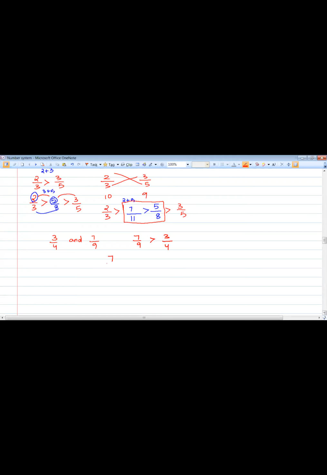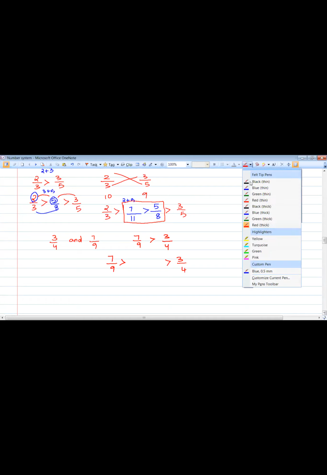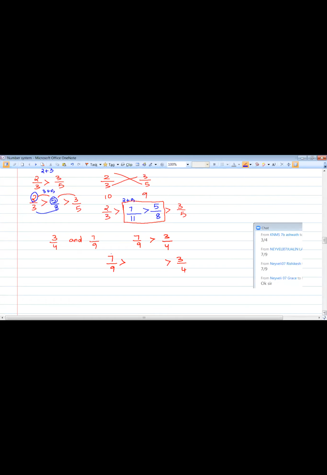Then leave some space. 7 by 9, 3 by 4. Put greater symbol. Okay. Then very simple. Add 7 plus 3. What is 7 plus 3? 10. Then add 9 plus 4. 9 plus 4 how much? 13.